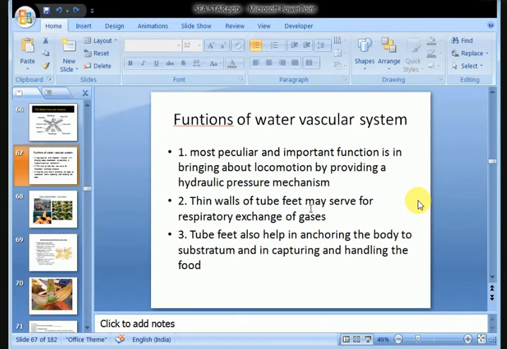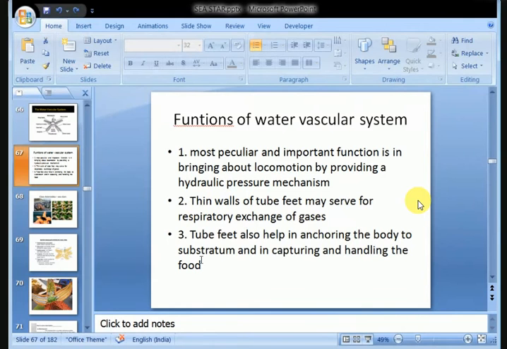In addition to this, there are dermal papulae or dermal papillae, or branchial structures or gills, which we have seen in the earlier introduction part, where we talked about the morphological structures. And these parts emerge from the surface. And dermal branchiae are important in respiratory gaseous exchange, where the tube feet are also involved.